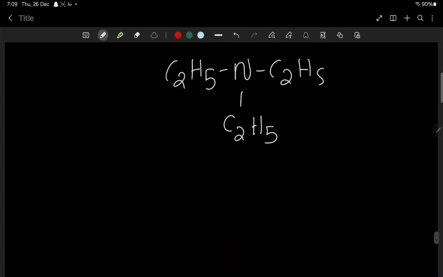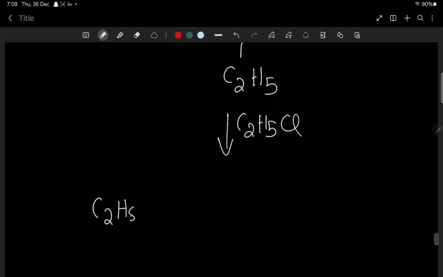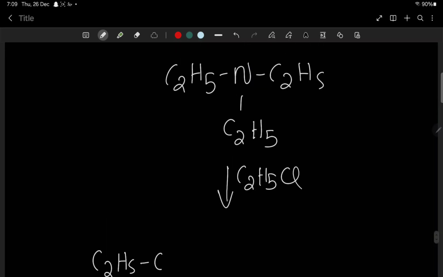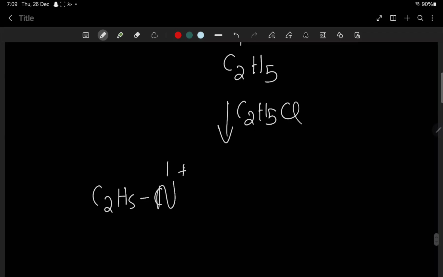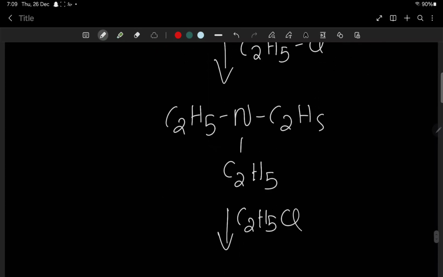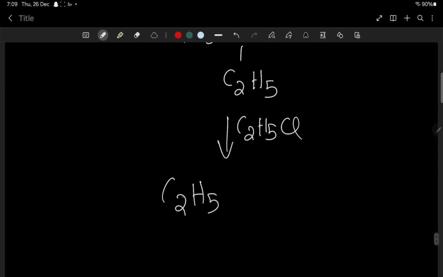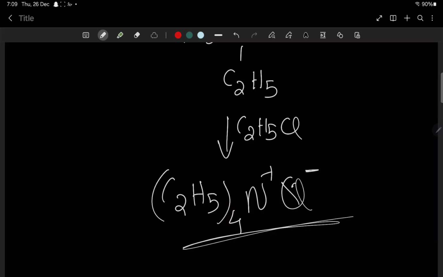Now once again if we add C2H5Cl, we get, I'll write it directly, four C2H5 groups on N plus, with Cl minus. This is the compound formed. Okay, simple.